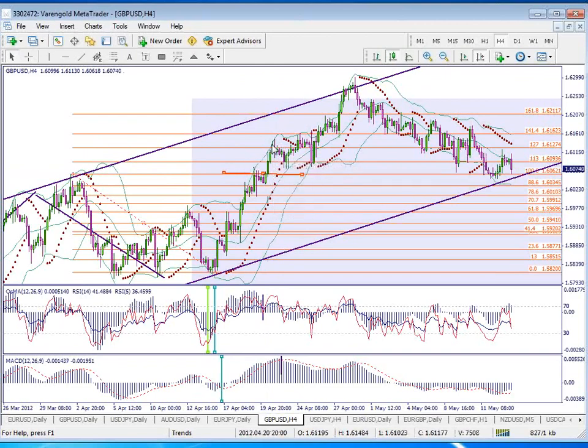In this way, when the pair is arriving at 100, I can protect my profit somehow, or put a stop loss in this area, 70, 61.8, or just close the trade and look for the next.